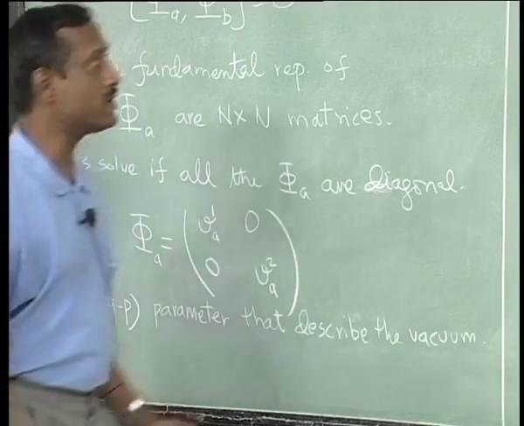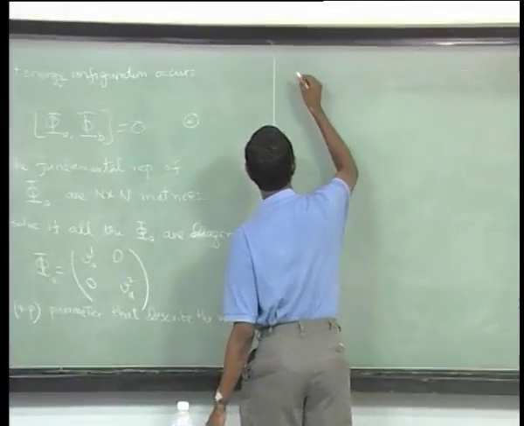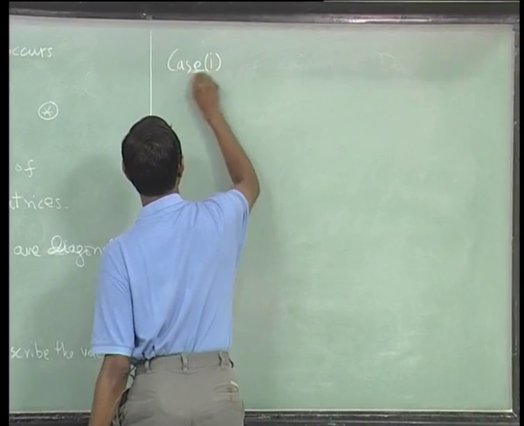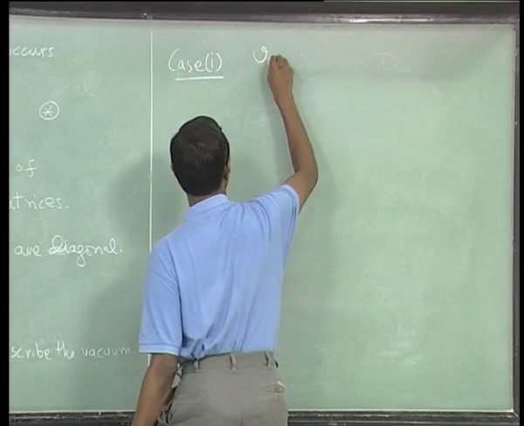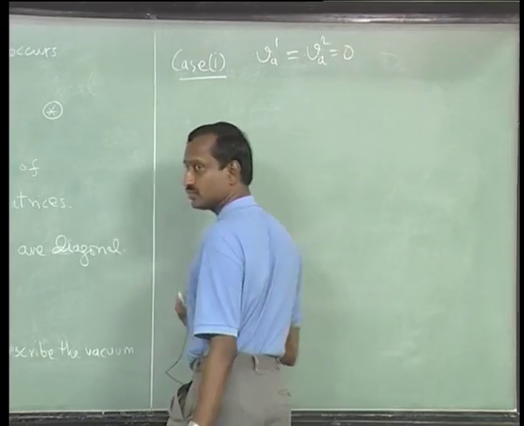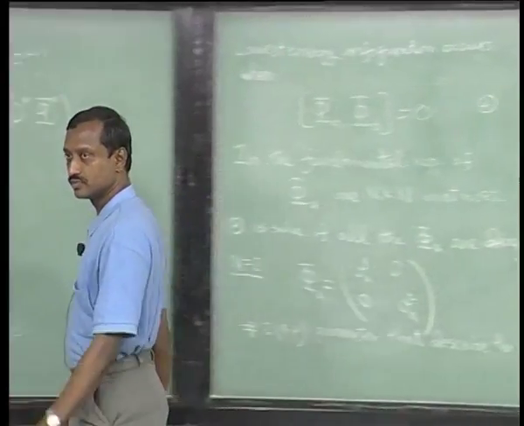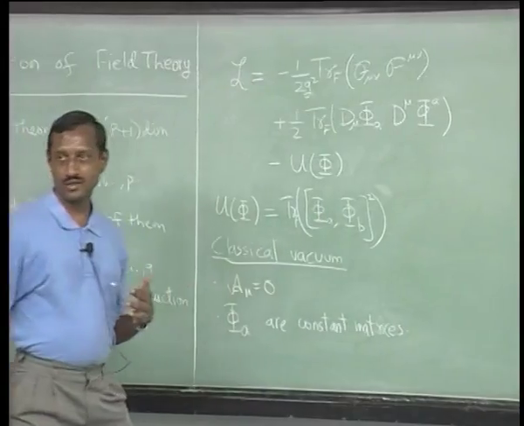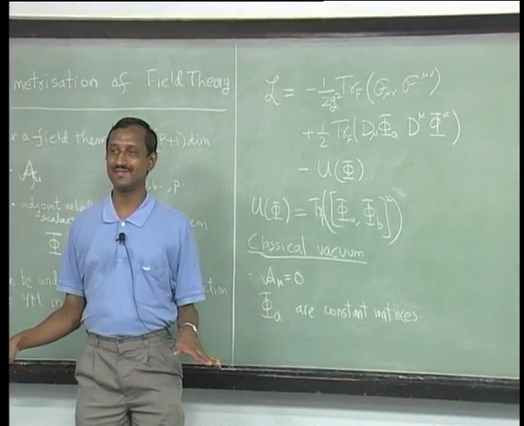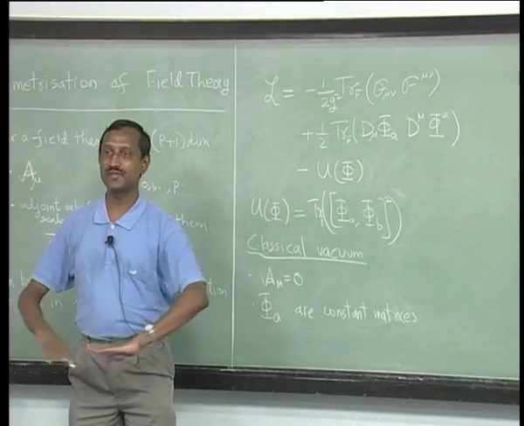So, let us first look at case 1, which is where V_A1 and V_A2 are all 0. This is analogous to the unbroken case, where all the fields were 0.